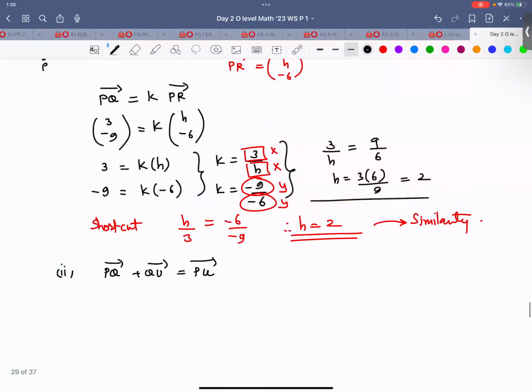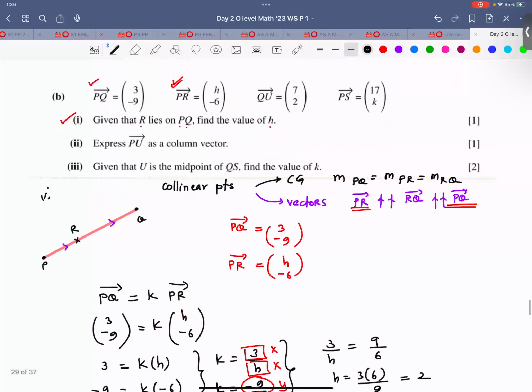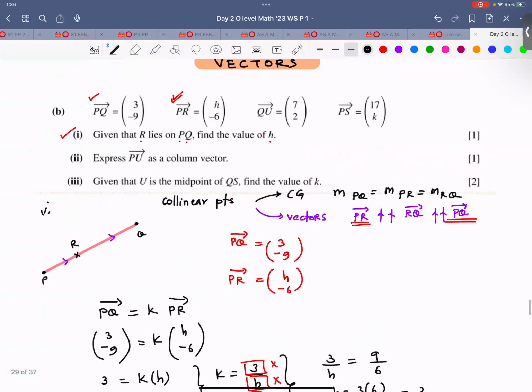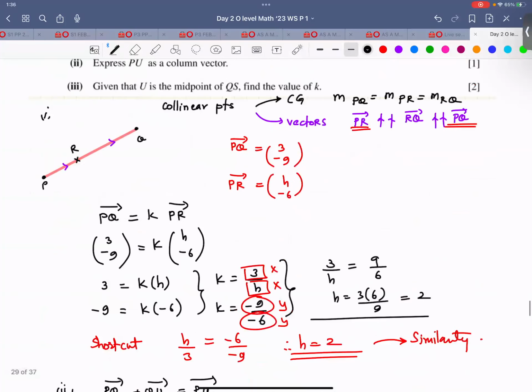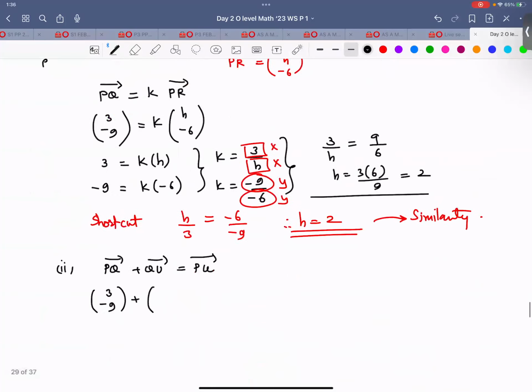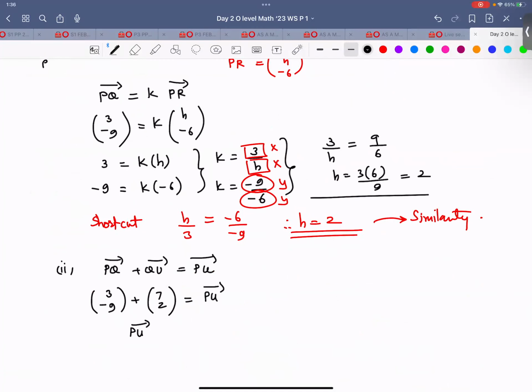So what is PQ? That is 3 and minus 9. And what is QU? QU is 7 and 2. And that is PU. So 3 plus 7 is 10, and minus 9 plus 2 is negative 7. That is the answer that we get for PU. So the second part is done.